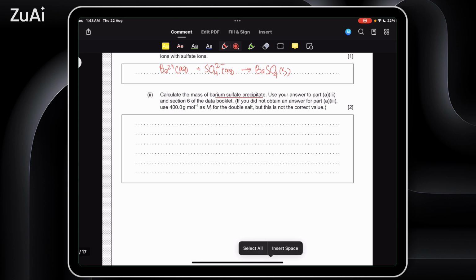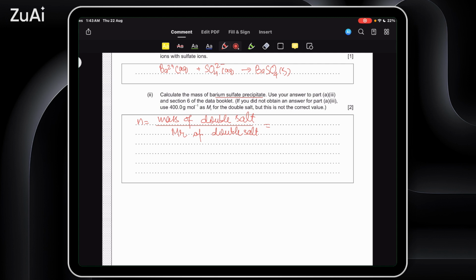So you have moles. So mass of double salt divided by Mr of double salt. This is the answer.